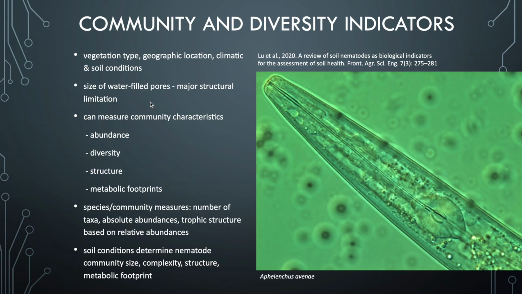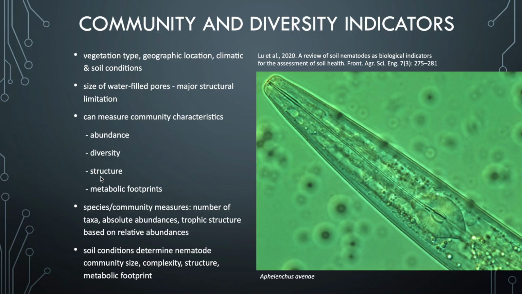Some of the characteristics that can be measured within the nematode community include abundance of all nematodes, the diversity, the different species and the different families that nematodes are classified into, the structure of the community, the composition of what kinds of nematodes are present within that community.